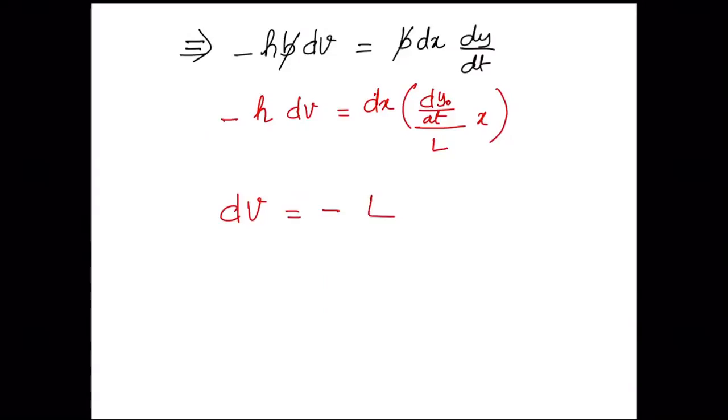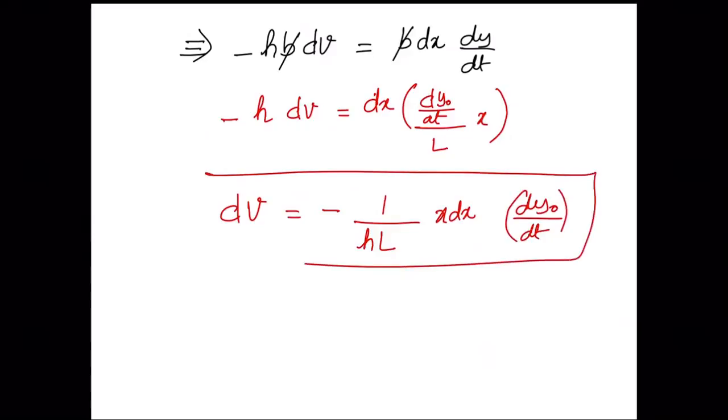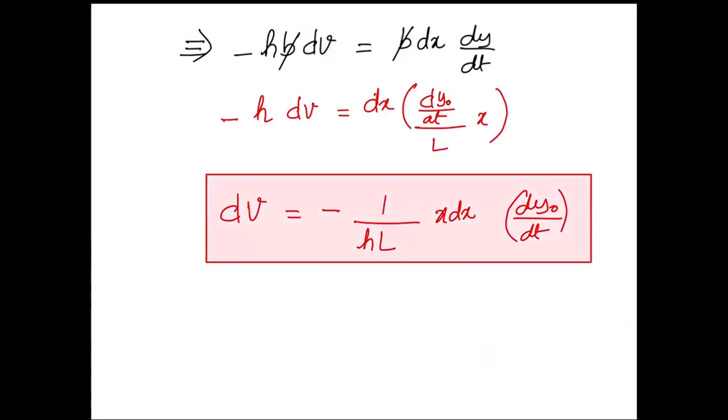That will be H into L minus H into L into X dx into dy naught by dt, right? So this is change in velocity as a function of X at the instant when the edge layer's height is increasing at the rate of dy naught by dt, right? This is the only equation we need to further solve this particular question.